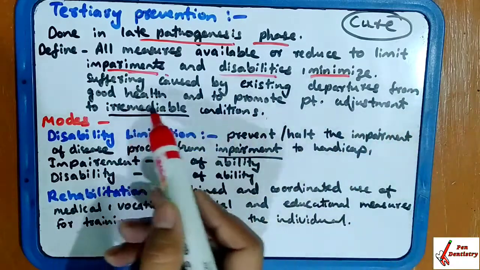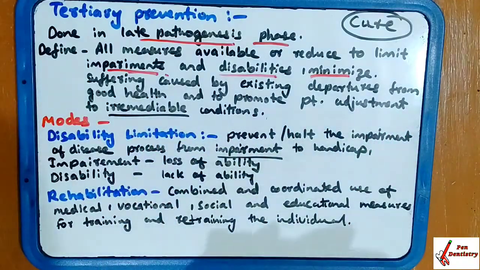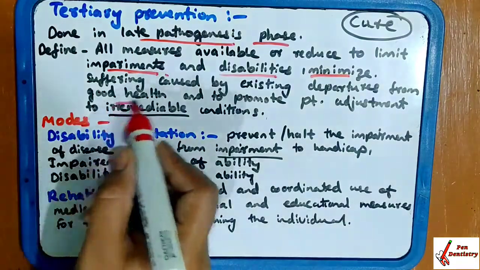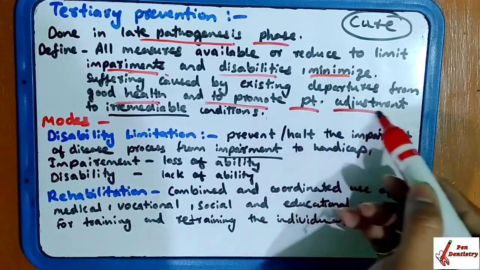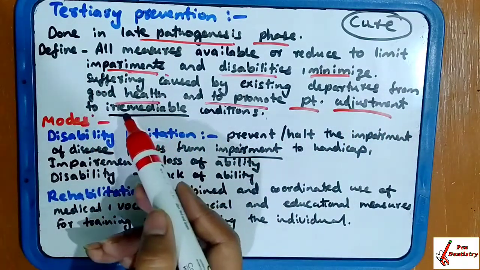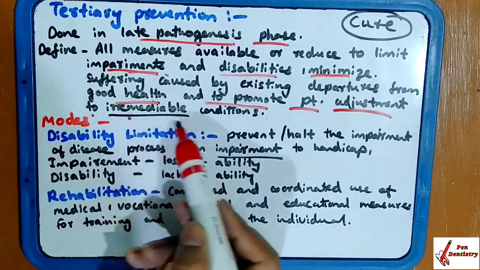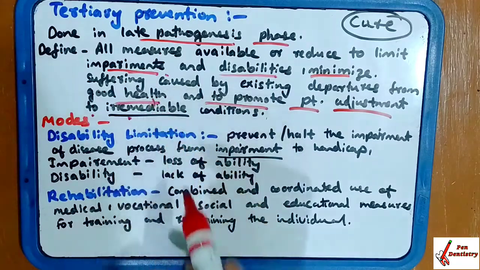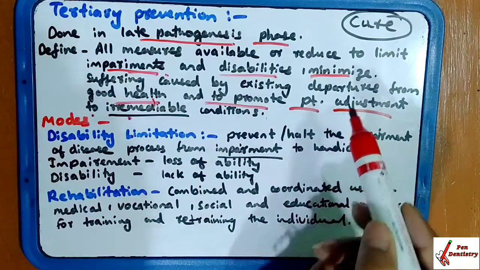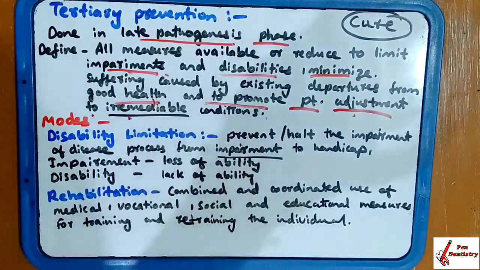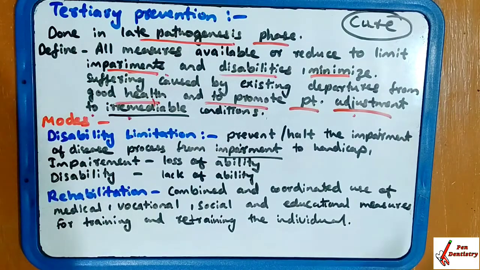You are going to decrease these things to maintain good health, and you are going to promote the patient's adjustment to an irremediable condition. Irremediable means a condition that cannot be cured.